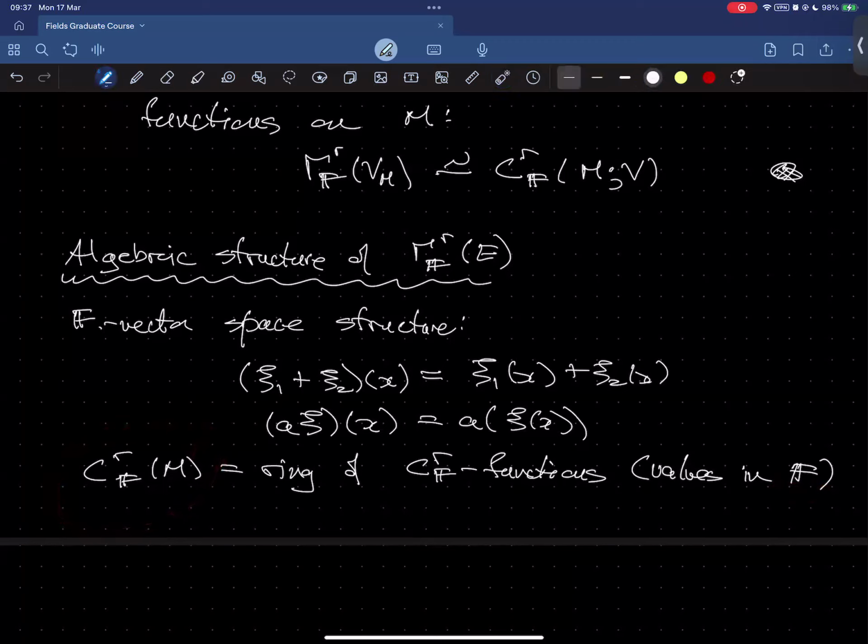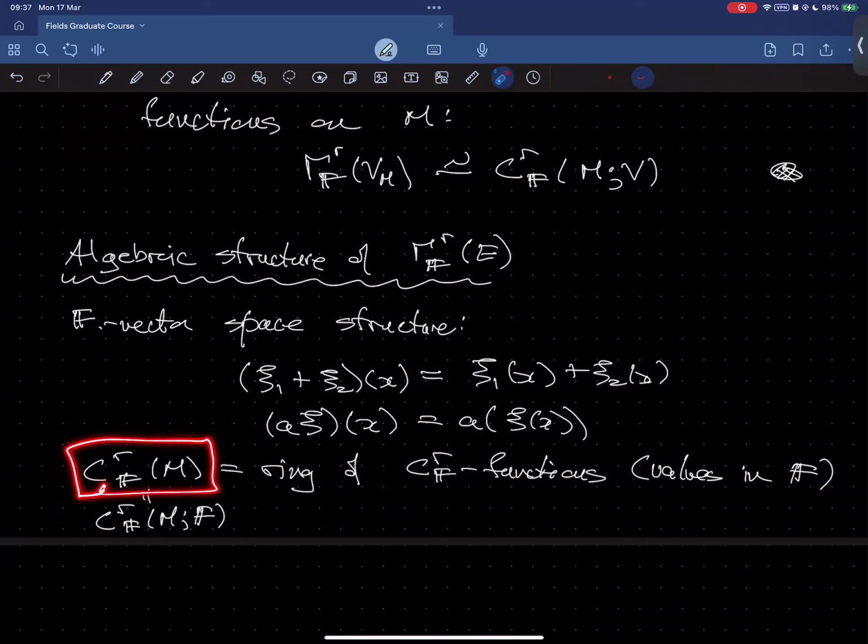In other words, this is just another way of writing this. And I previously illustrated how this space has the structure of a ring, and in fact, not just a ring, but also an algebra.